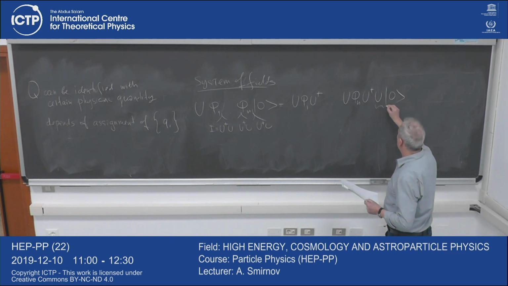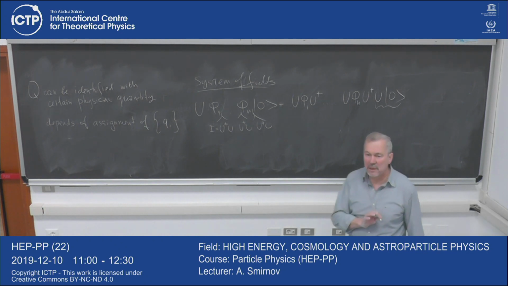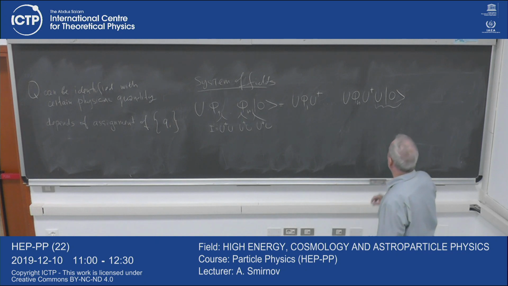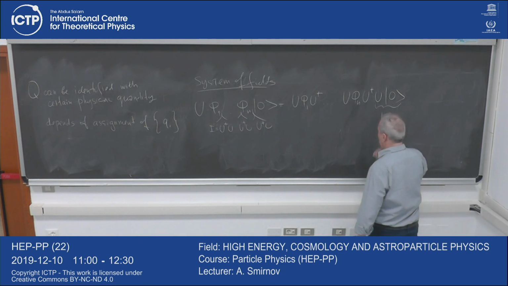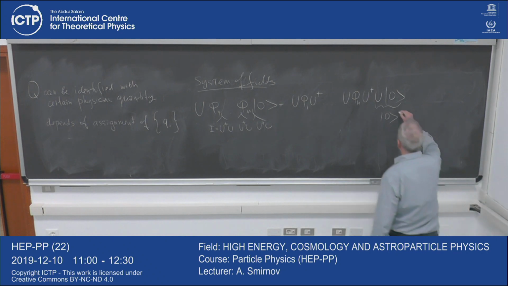And now we are saying that our vacuum state, suppose the vacuum state is invariant, and therefore this is again vacuum. If not, then things are more complicated. So we have cases when the vacuum is not invariant, but if the vacuum is invariant, then we have this.